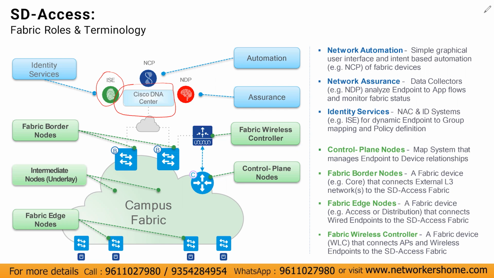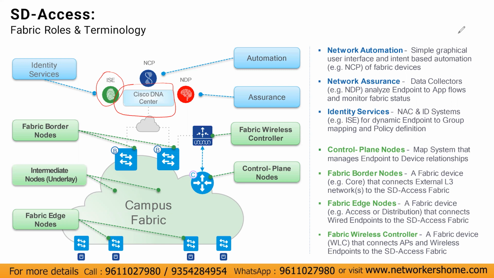Possible. Yes, okay. These 9000 series are designed specifically keeping in mind the SDA architecture, because as you can see, there are a lot of new terms, terminologies, and protocols, everything is completely different.